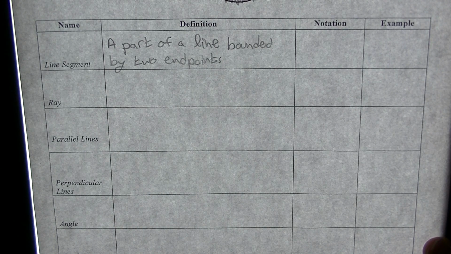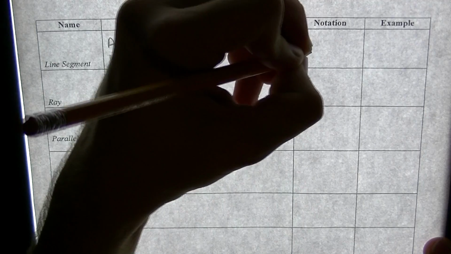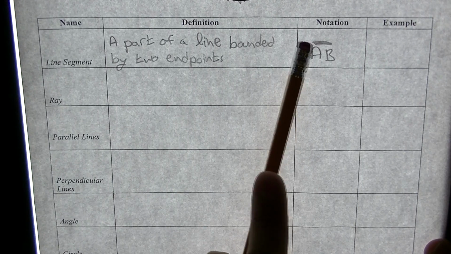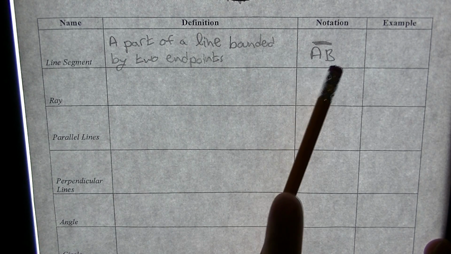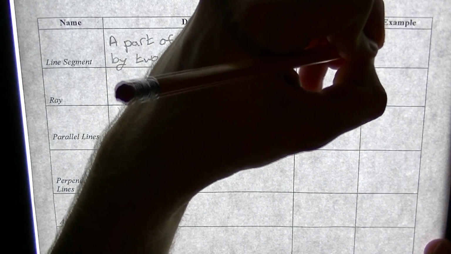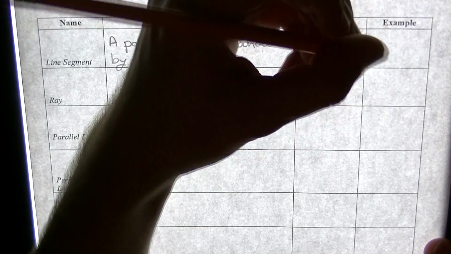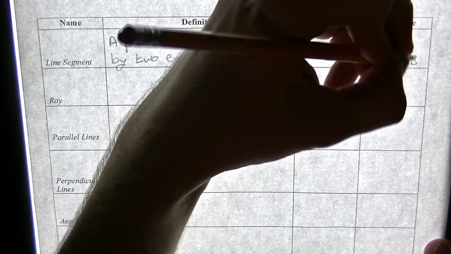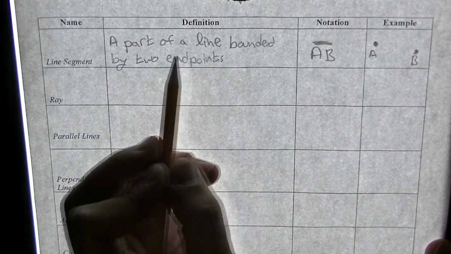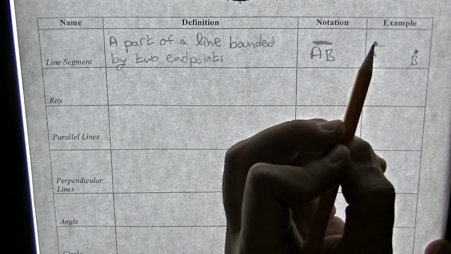If I want to say line segment AB, here's how I write it without having to write out the whole word. So this symbol up here means line segment, and this tells me the 2 points that end it. An example of what that would look like is I'll have a point A over here, a point B over here, and my line segment is just a part of a line that's bounded by those 2 points.